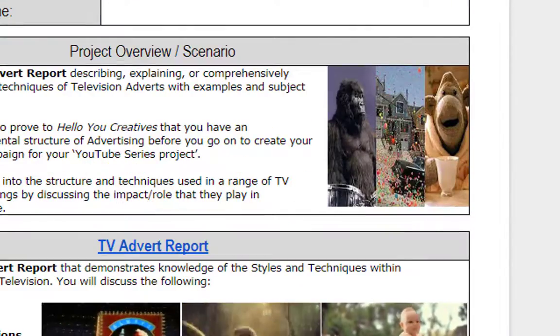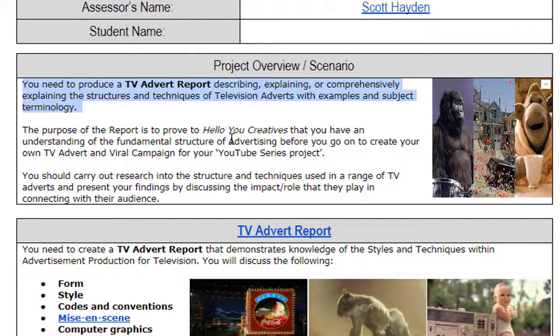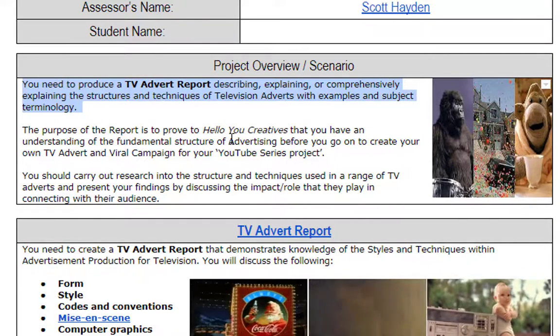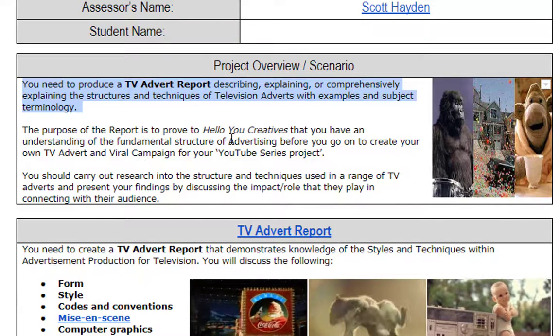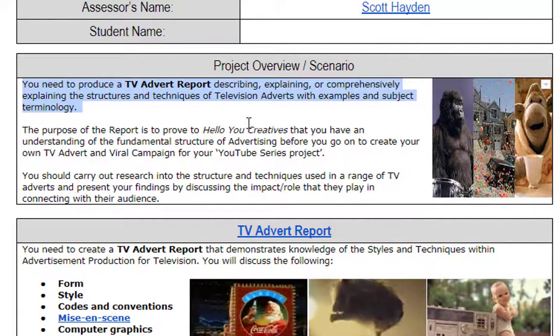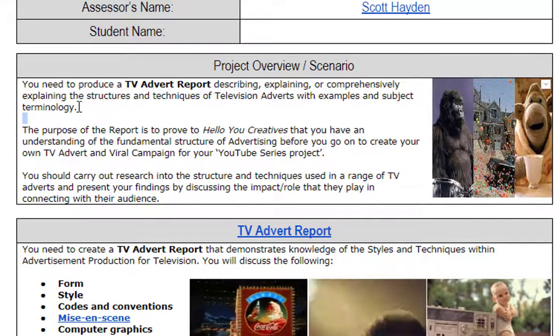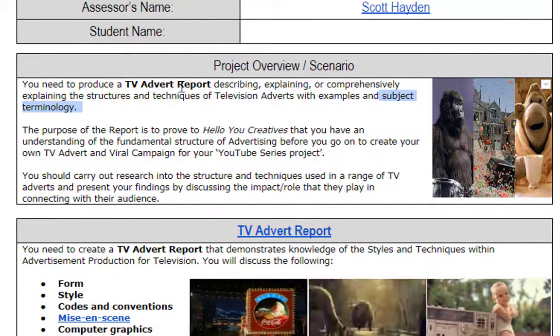Now, you're going to be producing a TV advert report describing, explaining, or, if you like distinctions, comprehensively explaining, which means including everything, relating to the structures and techniques of TV adverts, with examples and, this is important, subject terminology.